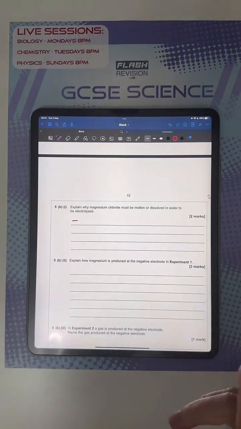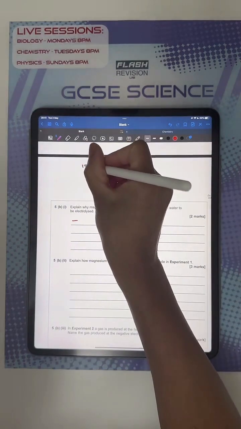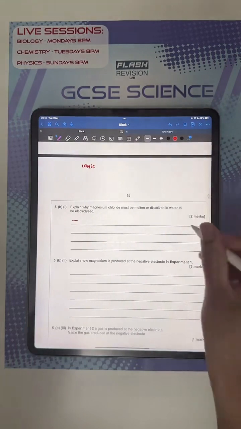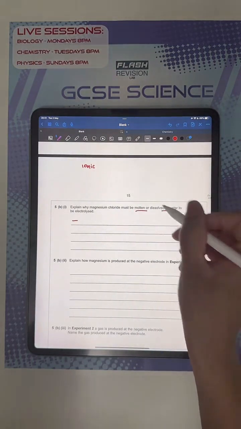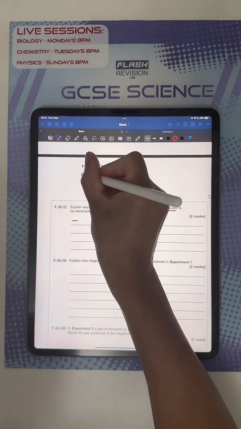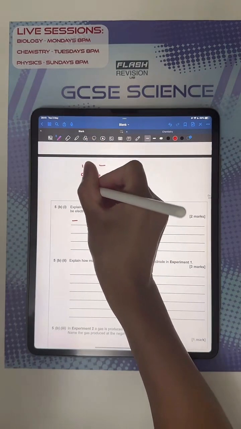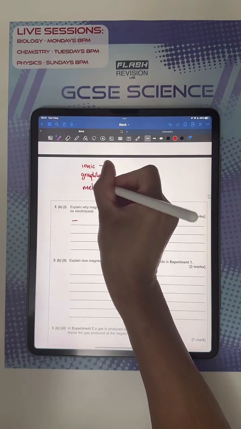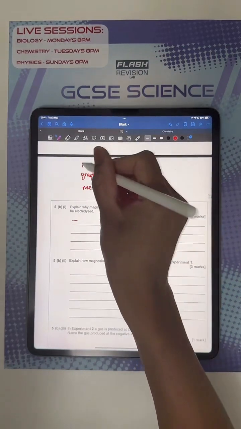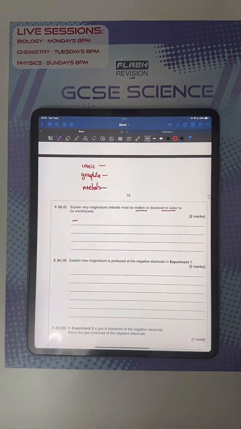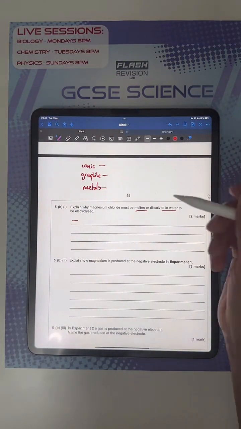In GCSE Chemistry, you're going to come across only 3 things that conduct electricity. Ionic compounds, which are molten or dissolved in water. Graphite. And metals. So loads of people make this mistake. They think the reason ionic compounds conduct electricity is because of electrons. That's not the case.